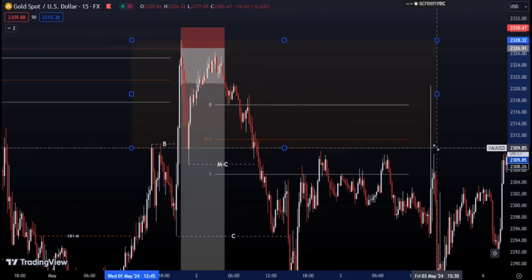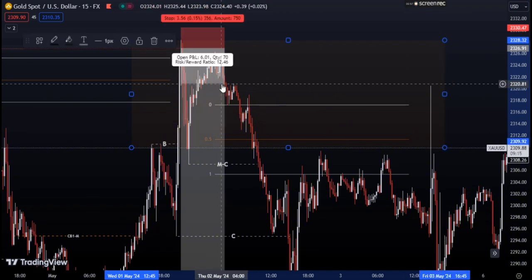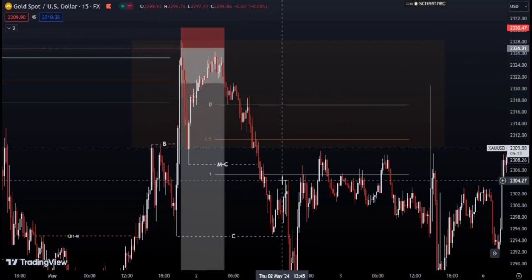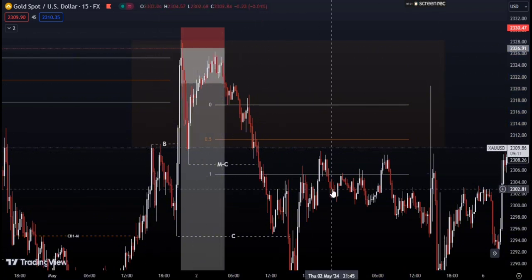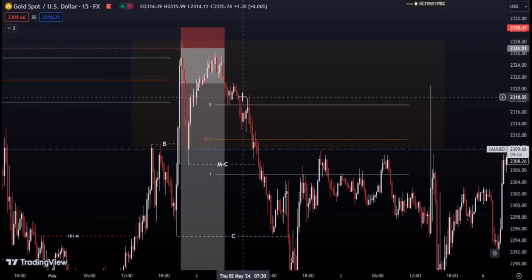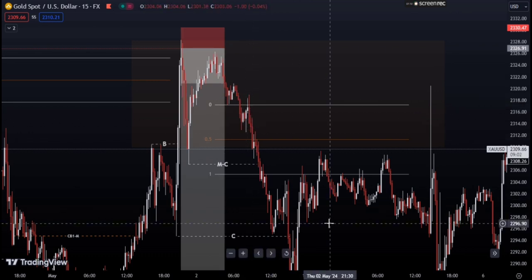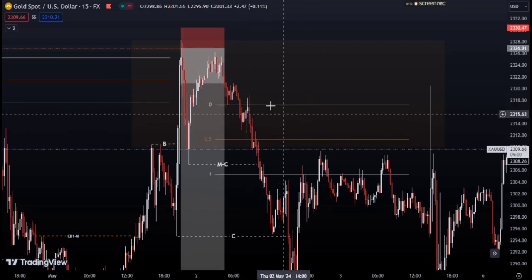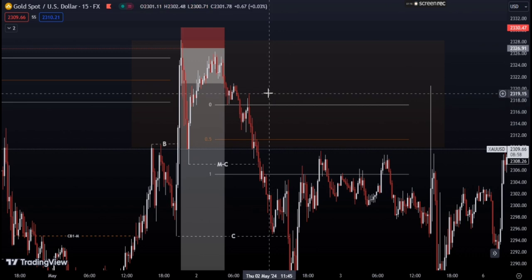Good. Great. Just above that, right? Above the break of structure. So what I'm looking for is any supply zone that will lead the price to reverse, right?